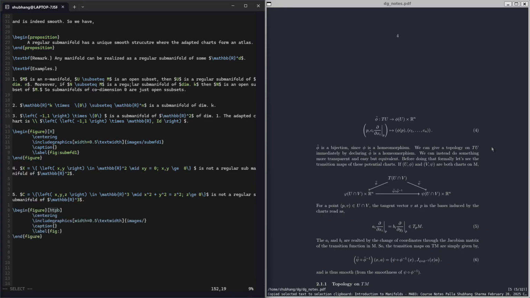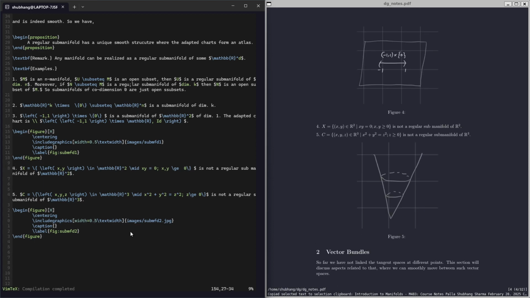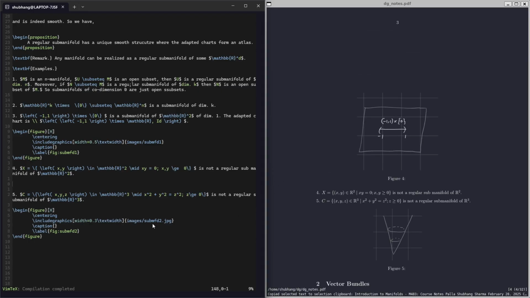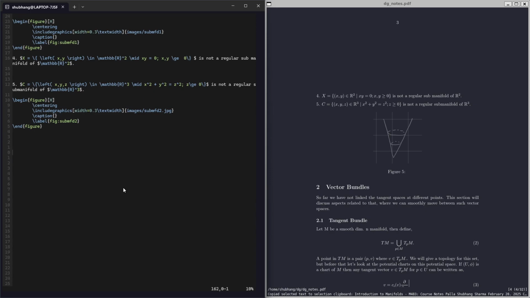So that's it. We'll end with this picture. The next lecture is on important concepts like critical points and regular points, critical value, regular value, which give a good characterization of regular submanifolds.